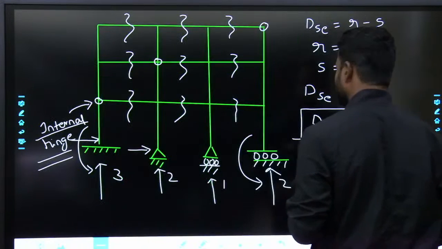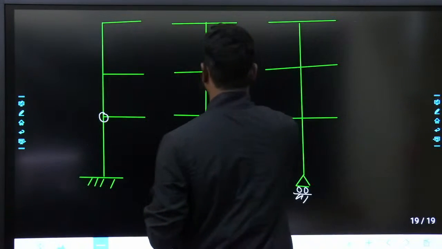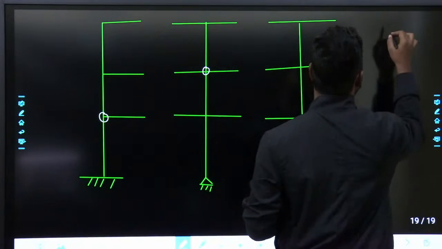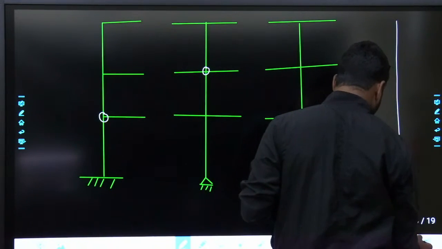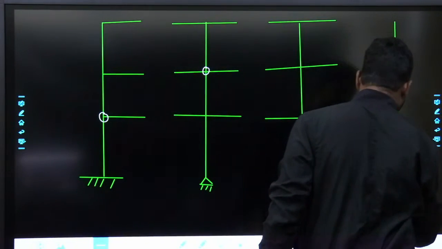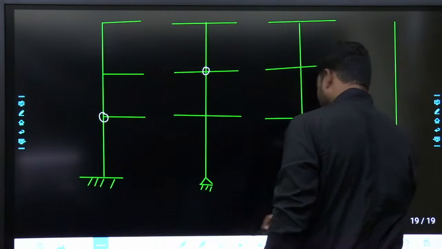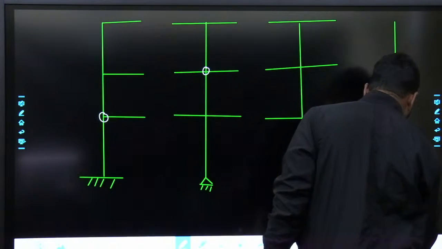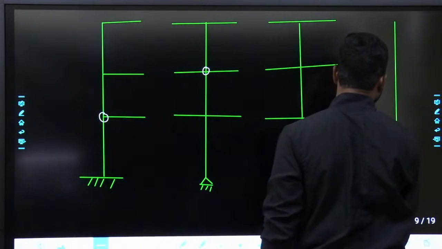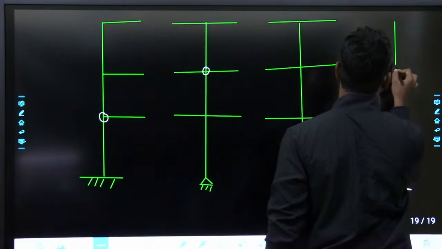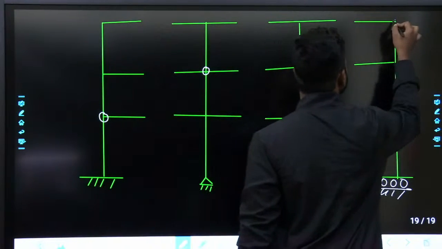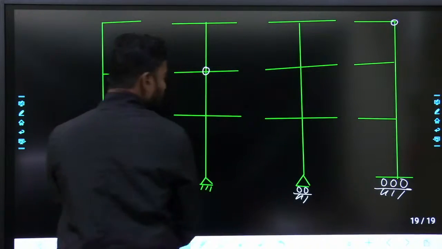Where is the hinge? Hinge is here. And the final one is 1, 2, 3. This is the support. Okay.